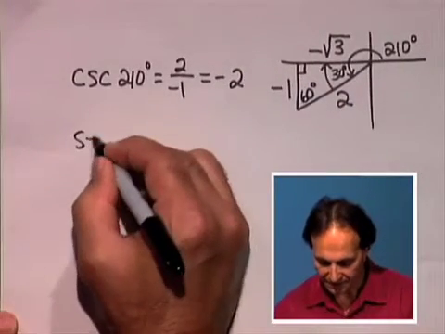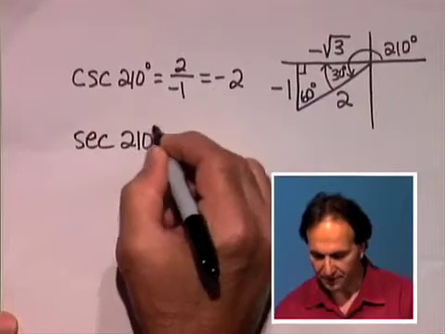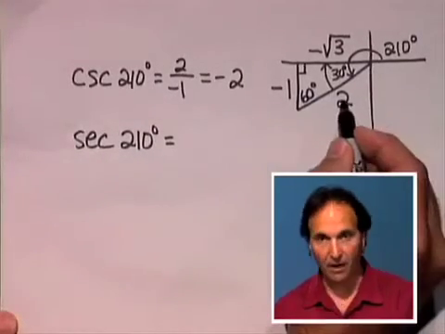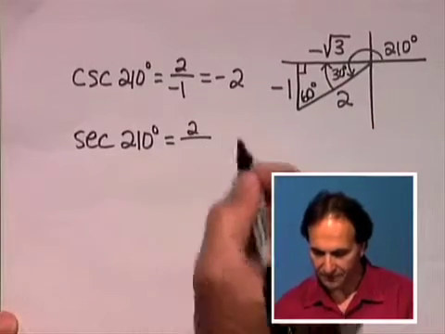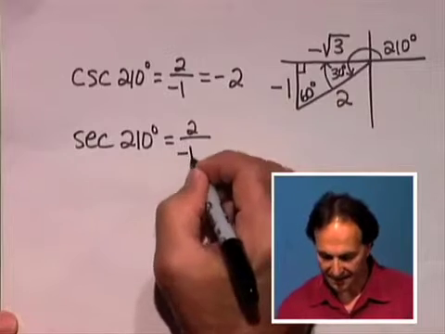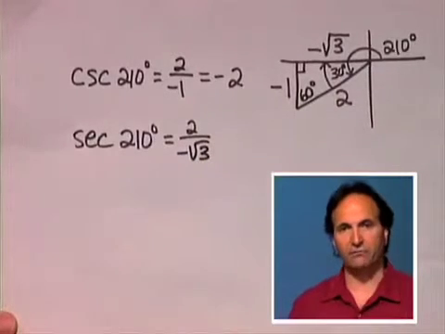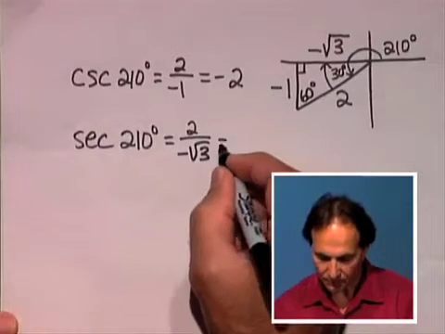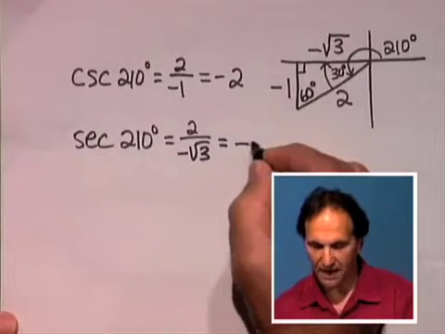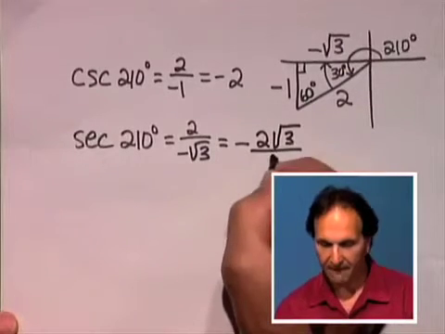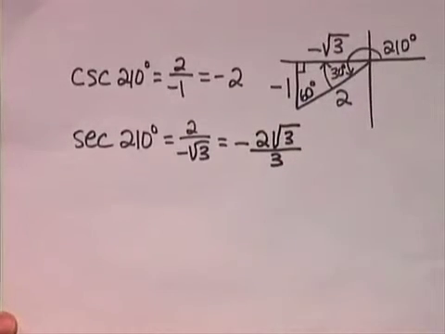The secant of 210 degrees, that would be equal to the hypotenuse divided by the side adjacent to 30, negative the square root of 3. Once we rationalize the denominator, we would have that this would be equal to -2 square roots of 3 divided by 3.